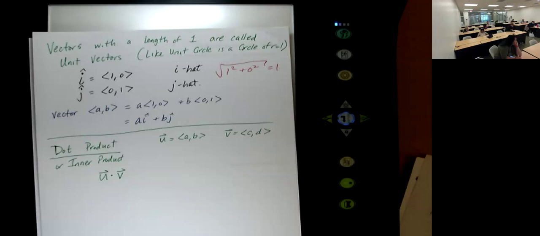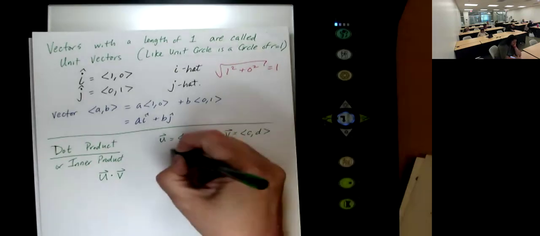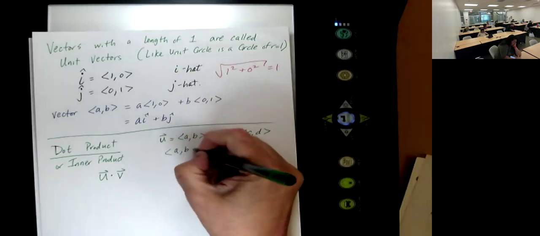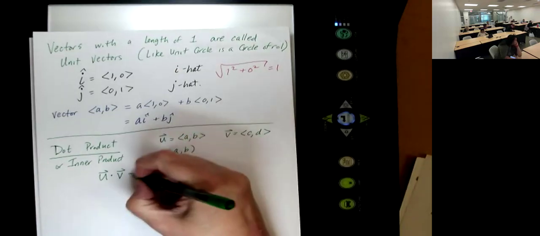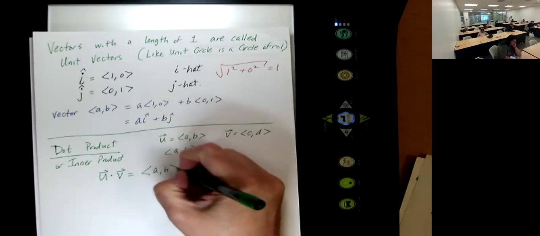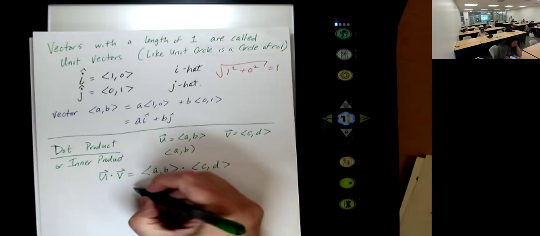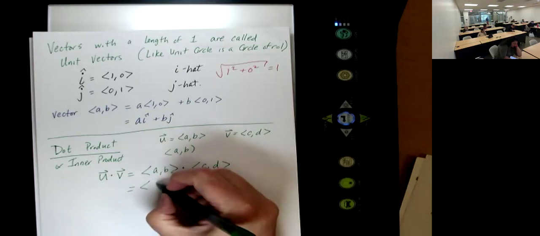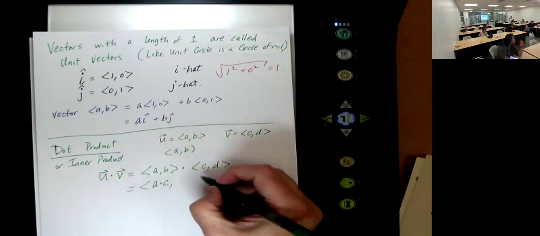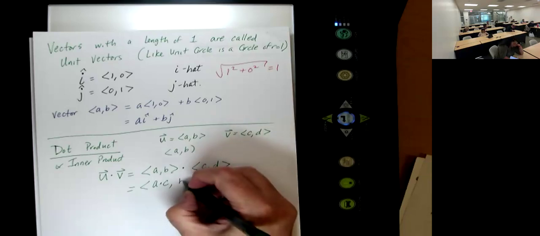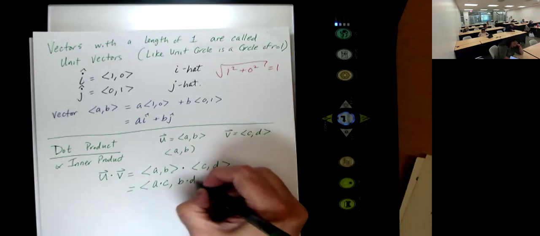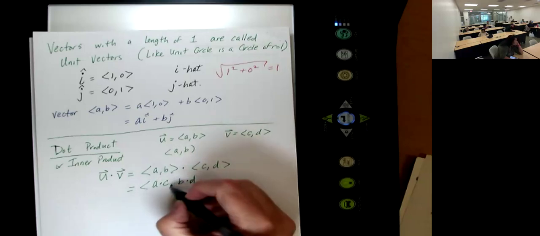Inner product comes from how we see what happens if I have a comma b multiplied by c comma d. What this turns into is a times c plus b times d. But not really.